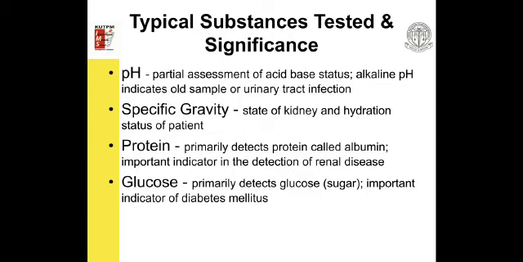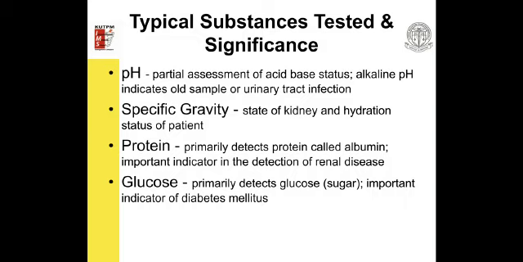The typical substances that are tested and which are significant are: pH, the acidic status, where alkaline indicates an old sample and urinary tract infection; specific gravity, the state of the kidney and hydration of the patient. Protein detects albumin, an important indicator for renal disease.